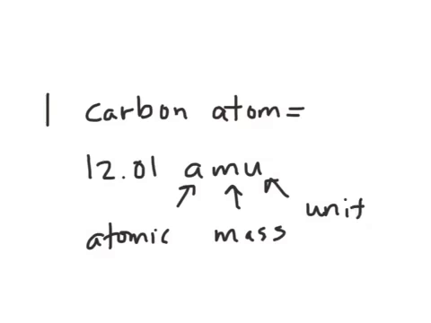Okay, so if you look at the periodic table, and just so you know, an easier way to do this is to look at the front cover of your book, and it lists alphabetically all the elements and their atomic number and their atomic mass. If you look up carbon, you'll see that its atomic mass is 12.01. Okay, so that's a little background that we need so that we can do some self-checks and some sample problems.